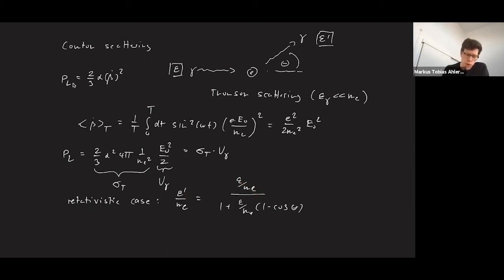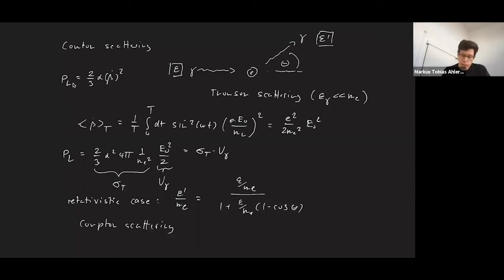This is then also called, in the relativistic case, Compton scattering. So this is still an expression where the electron is at rest, but Compton scattering is basically described by the relativistic generalization of this process.